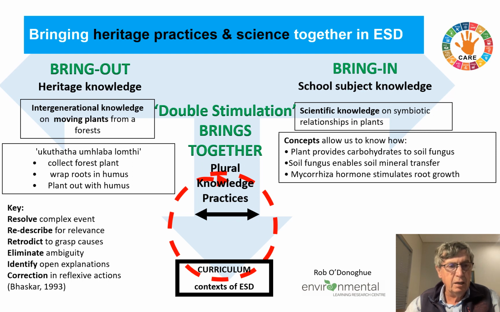We were able to eliminate ambiguity and see the knowledges speaking together to the world in useful, practical ways that we could take up in our ESD work. We were able to identify open explanations, and the open explanations allowed us to understand drought and carbon sequestration.